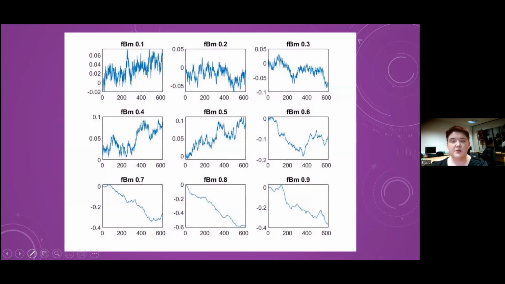The Hurst parameter must be between 0 and 1, and as the parameter gets closer to 1, the motion becomes less ragged. We can see here the graphs of the Hurst parameters between 0 and 1 in increments of 0.1, which shows clearly how ragged the motion is as it gets closer to 0.